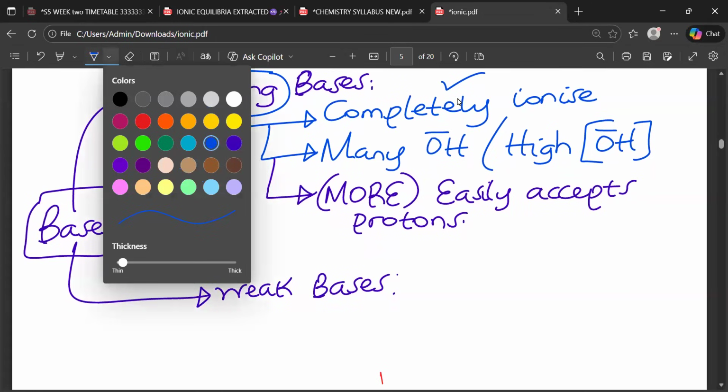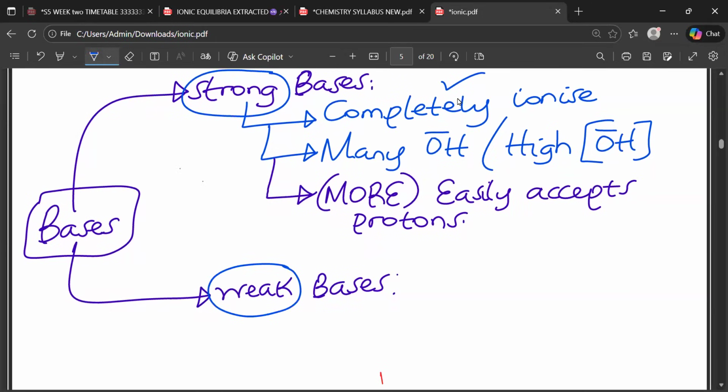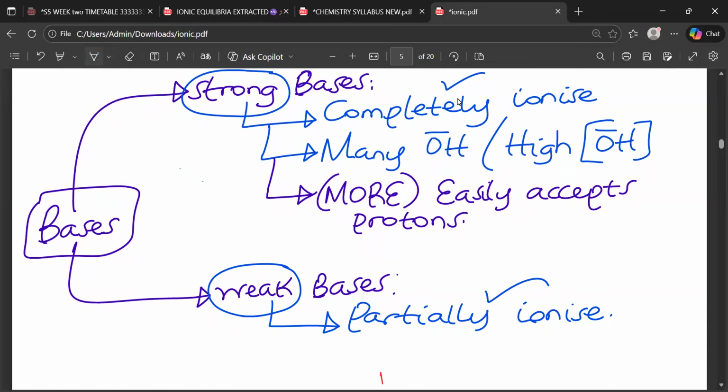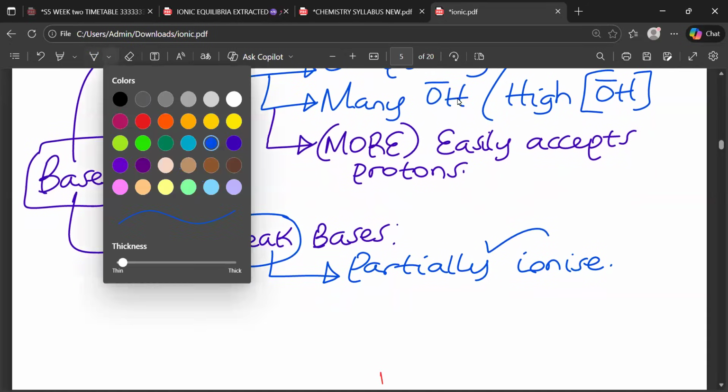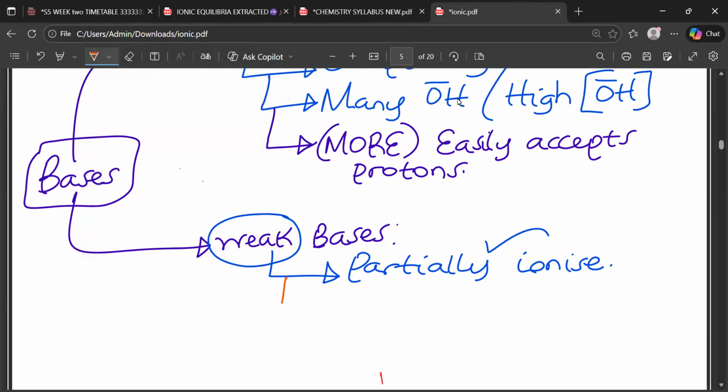Now, concerning these ones, it is the opposite. These ones do the reverse, they do it partially. The ions they produce, hydroxide ions, are very few. That means the concentration of hydroxide ions is very low.